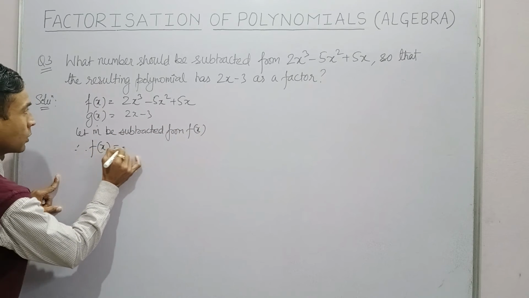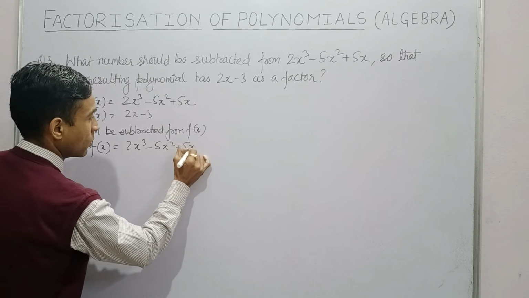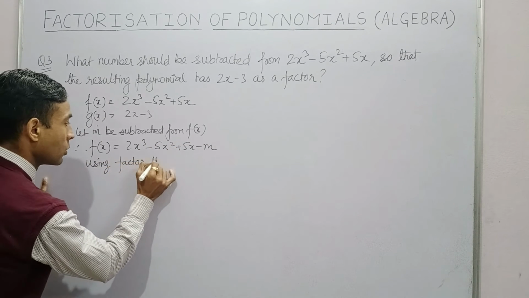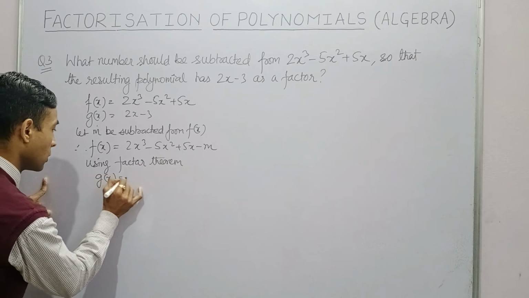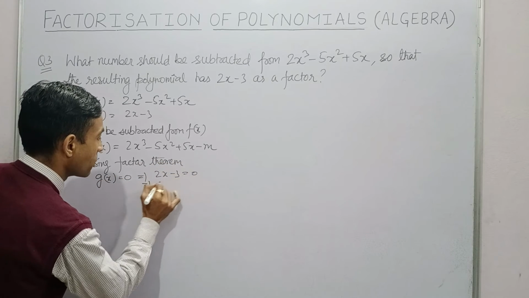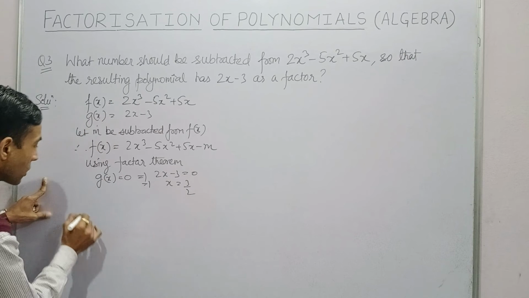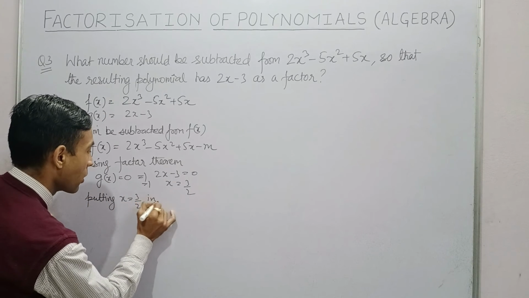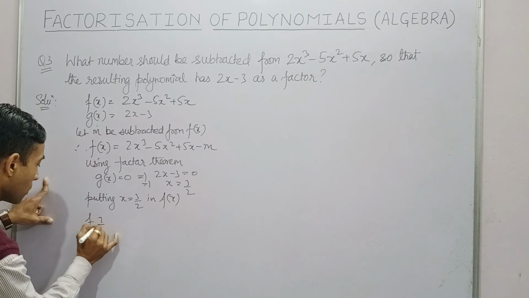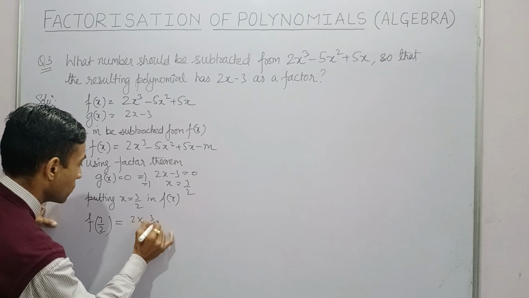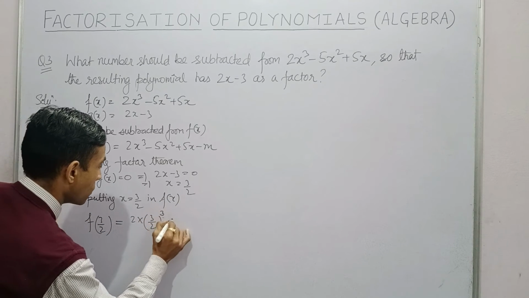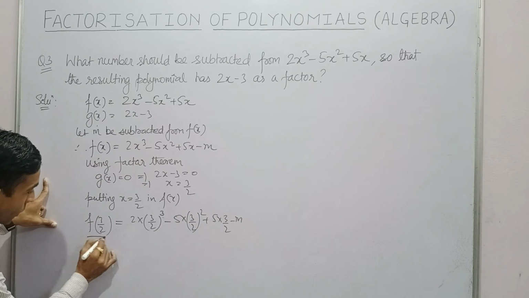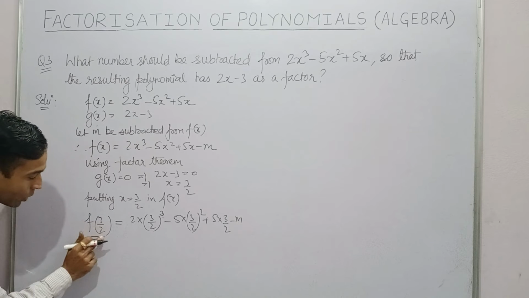Therefore, now using factor theorem, this gives x is equal to 3 by 2. Putting x as 3 by 2 in f(x). Now according to factor theorem, f(3/2) is 0.